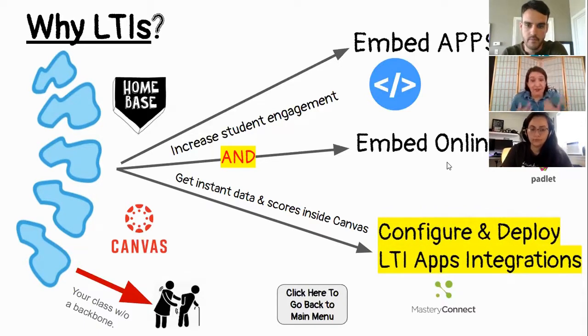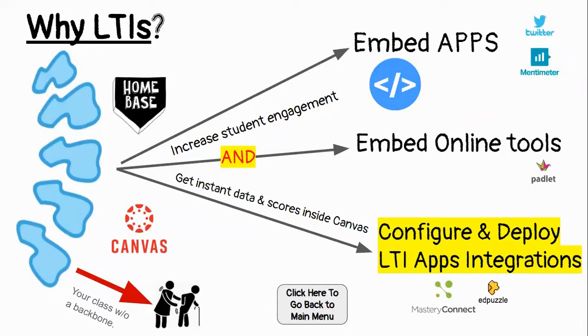So the third amazing thing that Canvas has is to configure and deploy all these LTI apps and integrate them into your Canvas course. Now, using these external tools and assignment integrations allows teachers to receive these auto grades, right? They do it on their own, seamlessly. And they are stored in your roster, in your course in Canvas, everything inside.